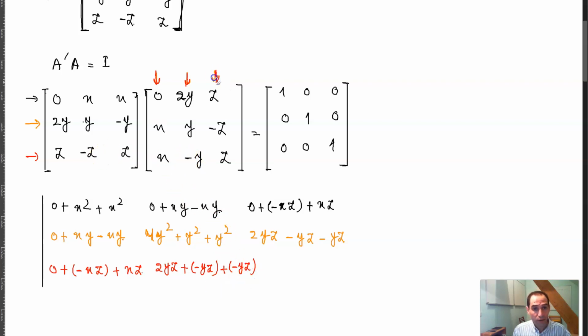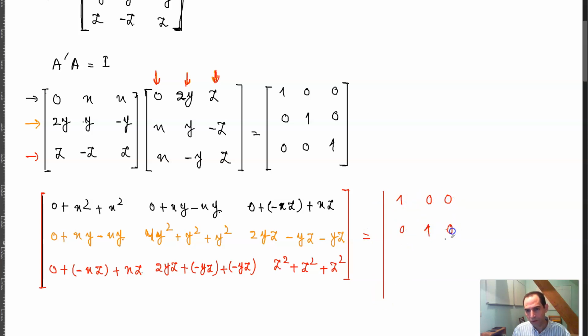And then times this column, you have z squared, positive z squared, and positive z squared. And if you close this, that becomes a matrix which is equal to the identity matrix: 1 0 0, 0 1 0, 0 0 1.